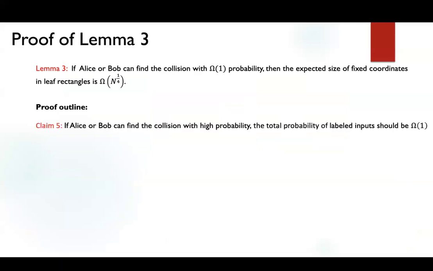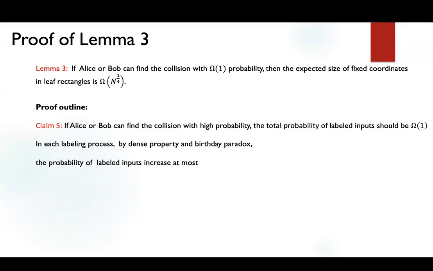Here is the proof outline. First, we use a claim that if Alice and Bob can find the collision with constant probability, the total probability of the labeled input should be omega 1. This is a direct calculation.